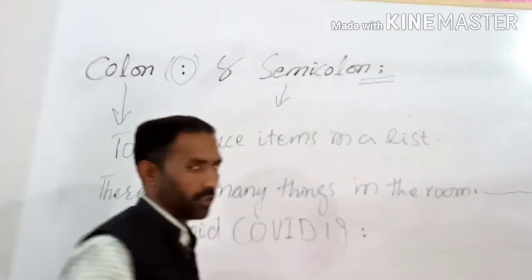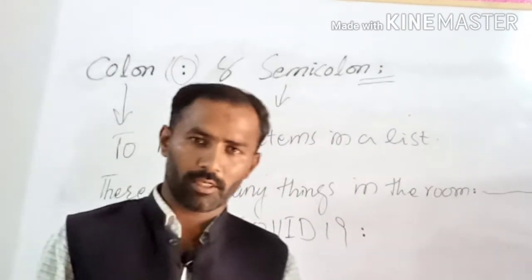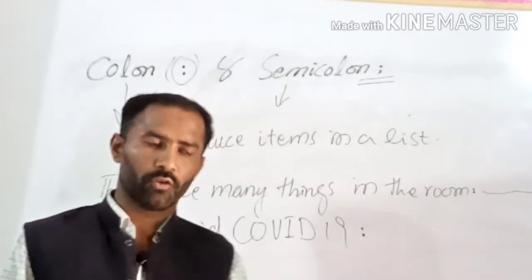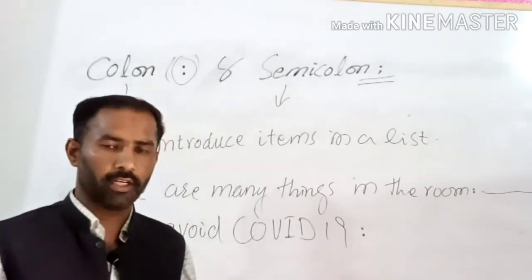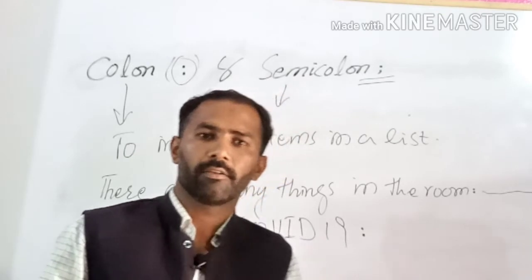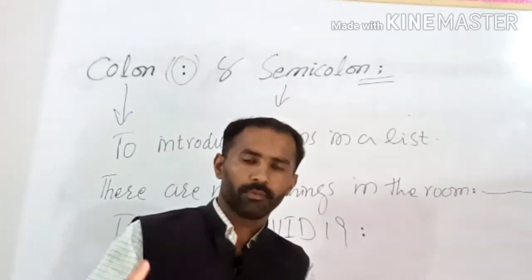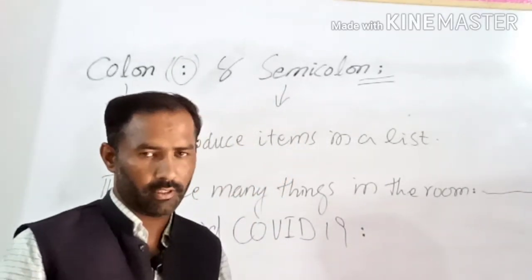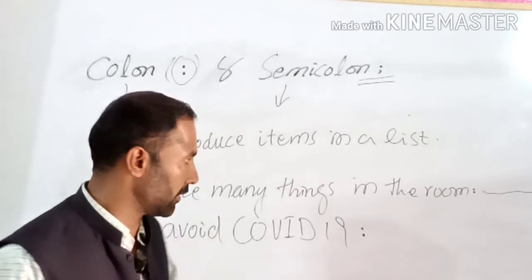After this we would describe our instruction, the thing that we want to introduce. We can say wash your hands, stay home, wear a mask. So these are the precautions against the epidemic of coronavirus.